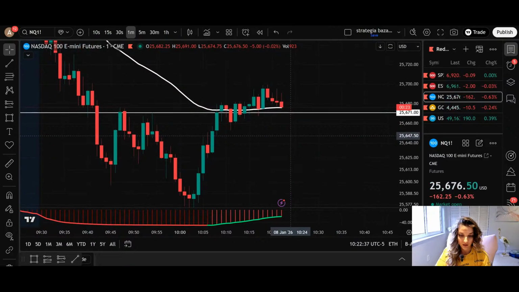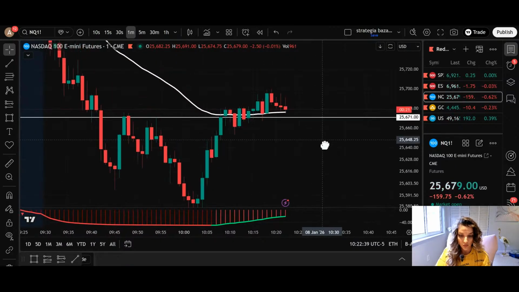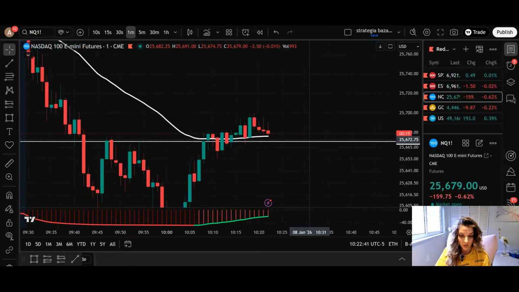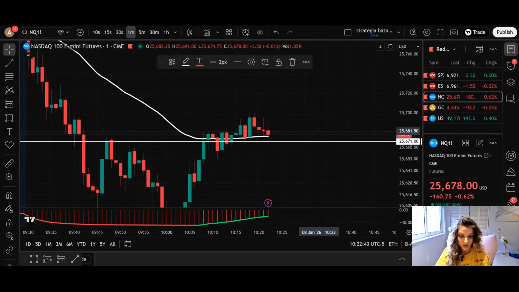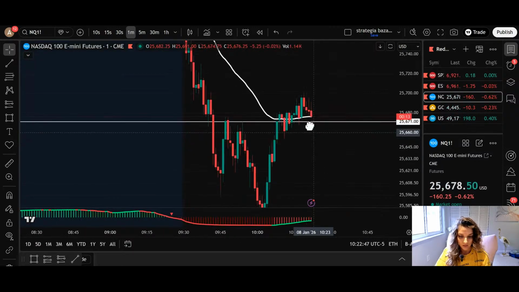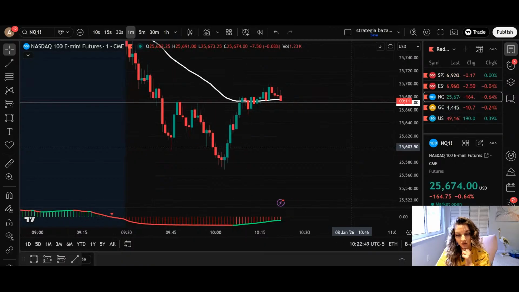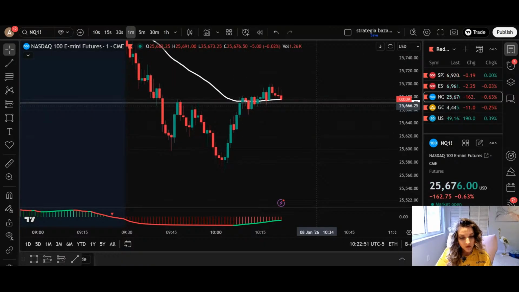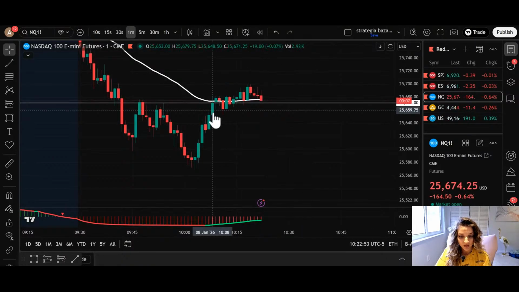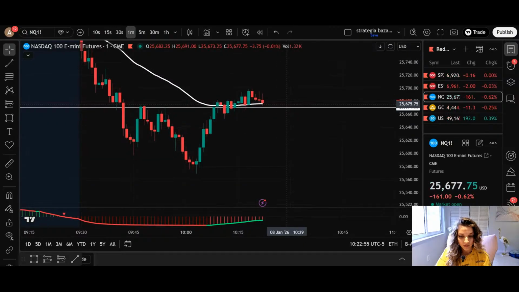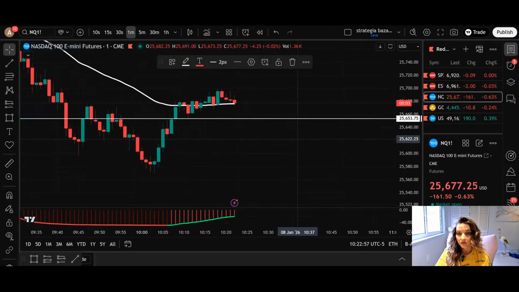Okay, NQ. You think it's gonna continue going down? Maybe if it's gonna break this here, you can take another short.